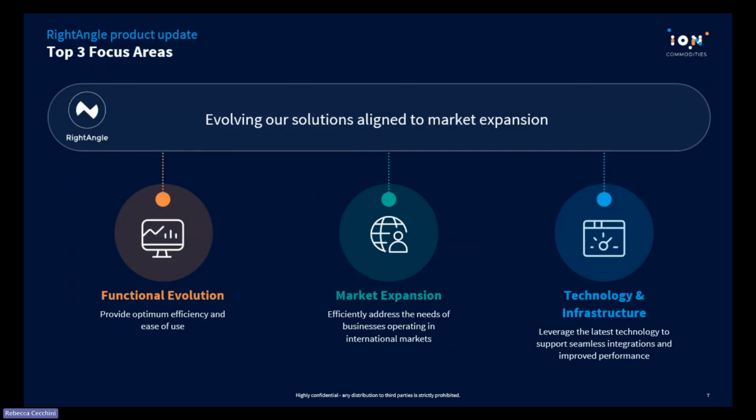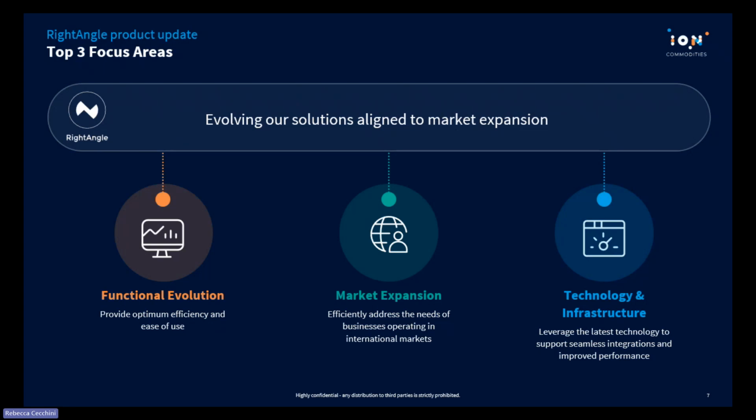So in terms of our releases, RightAngle has 3 top focus areas that drive our investments. We continuously deliver enhancements to drive efficiency and improve the user experience. So functional evolution also includes enhancements to decrease implementation time and effort and lower your total cost of ownership.